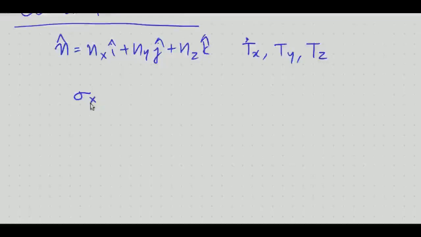Sigma x into nx plus tau xy into ny plus tau xz into nz is equal to tx.